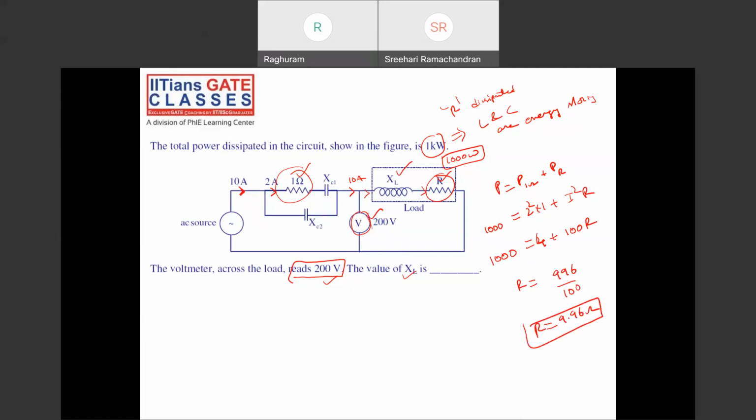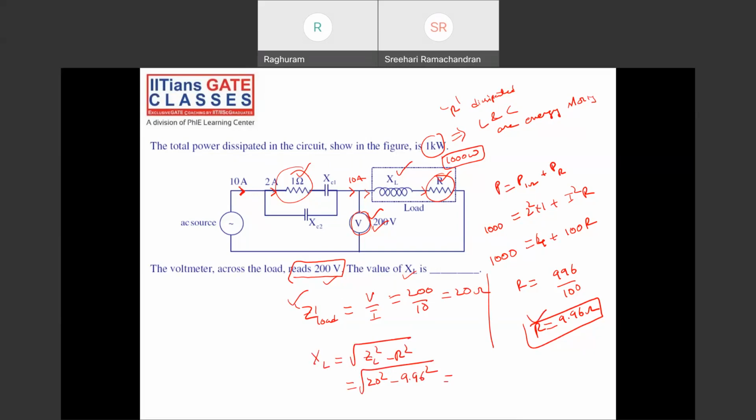You have voltage V and current here. So the impedance of load, this is load, right? V is 200, writing it as V by I. V is 200, current is 10, so this is 20 ohms impedance. You have the resistance of load and the impedance of load. Can you find XL? XL is nothing but under root ZL square minus R square. 20 square minus 9.96 square, under root.